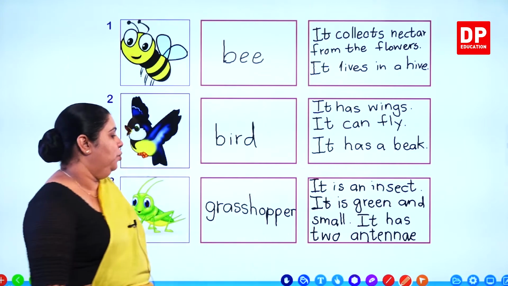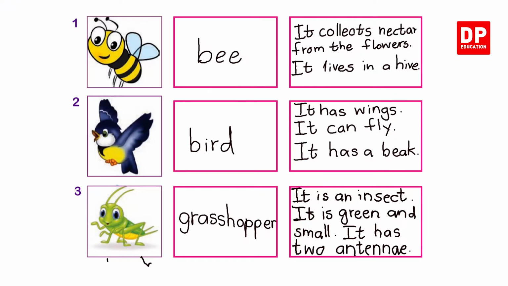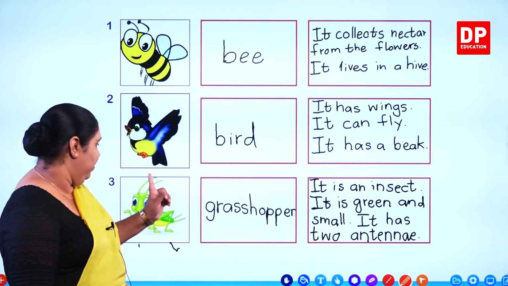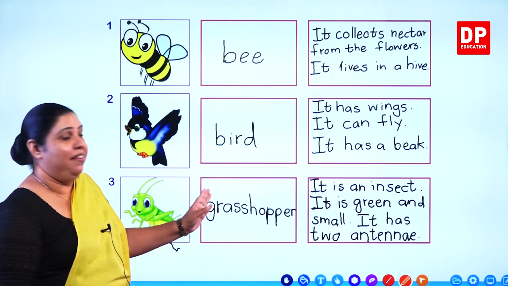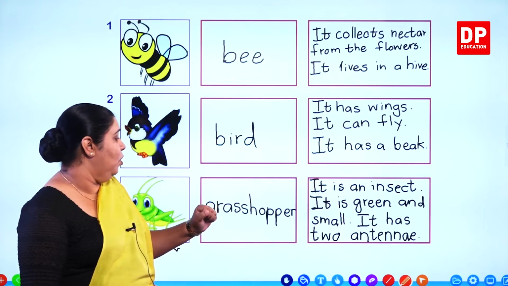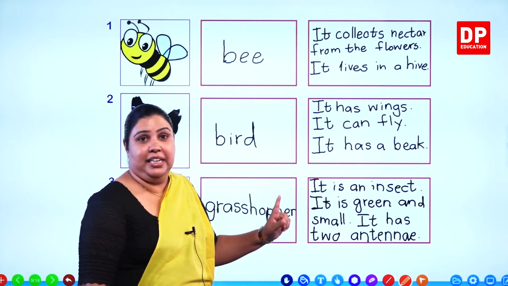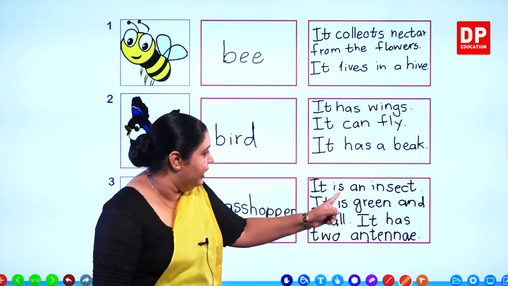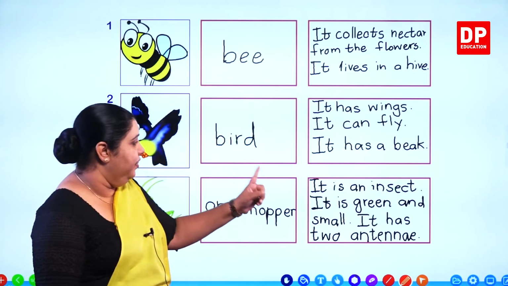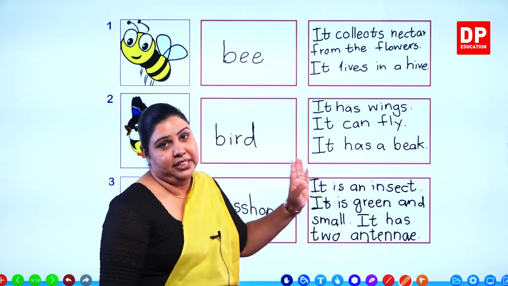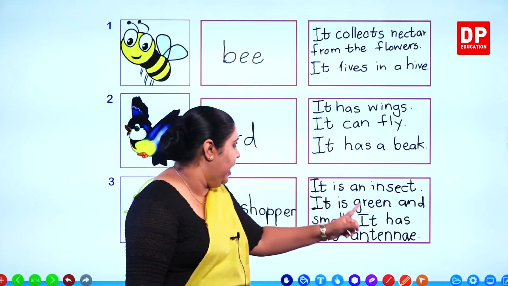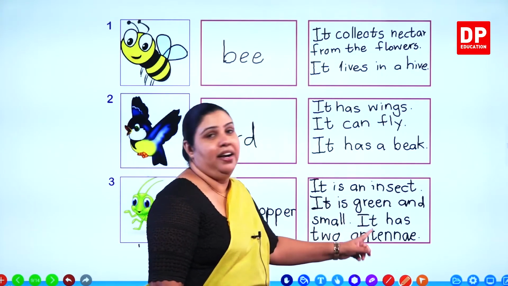It has 2 antennas. Right. So that is the description of the grasshopper. We have the picture, then we have the name of the grasshopper, and we have the description. It is an insect. It is green and small, or you can say small and green. It has 2 antennas, right?